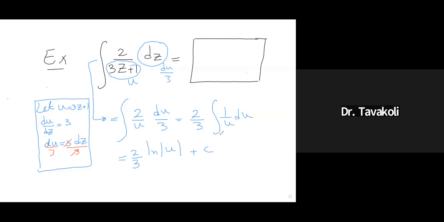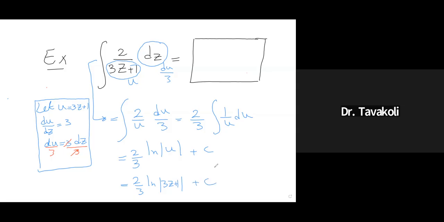It remains to do the back substitution. Since it's an indefinite integral, we need to go back to the original variable of the question, which was z. So I need to respond to this question in terms of z. u is 3z plus 1, so the final answer is going to be 2/3 ln of absolute value of 3z plus 1 and then plus c.